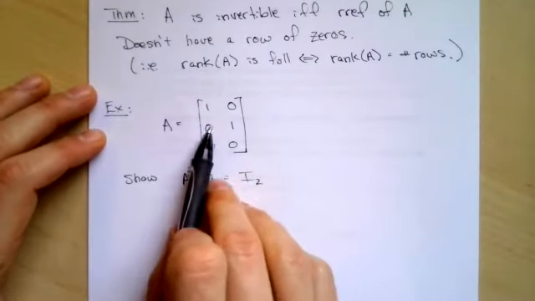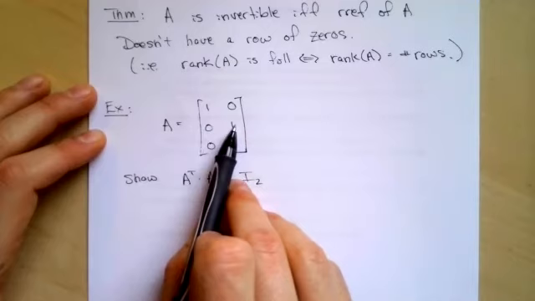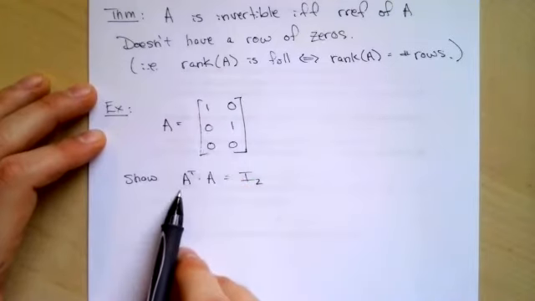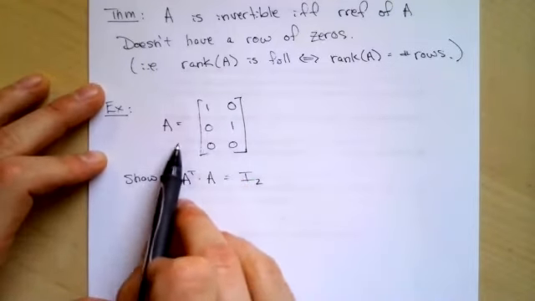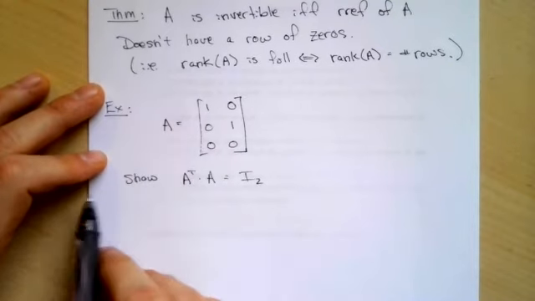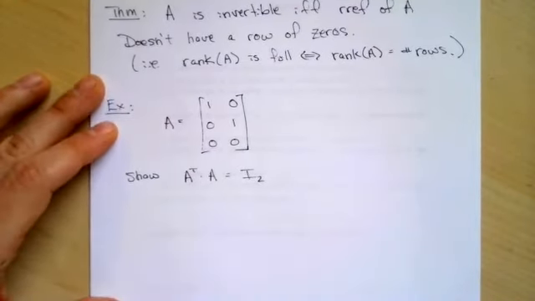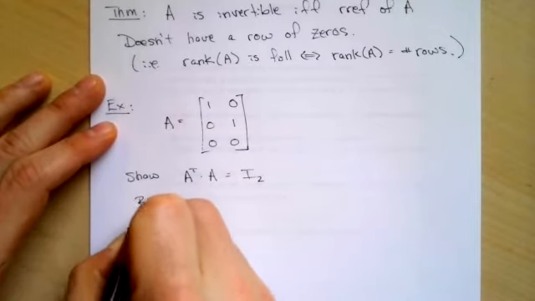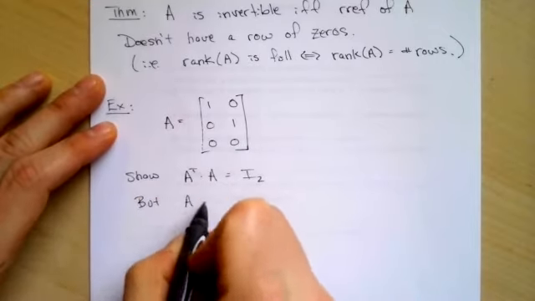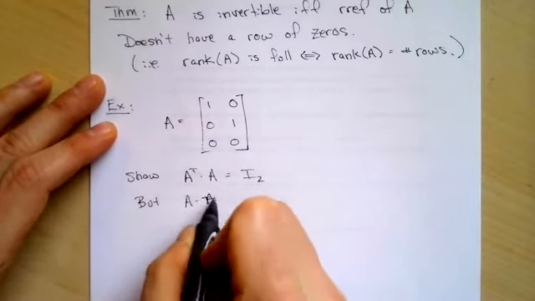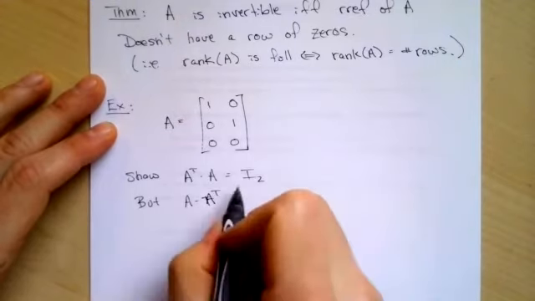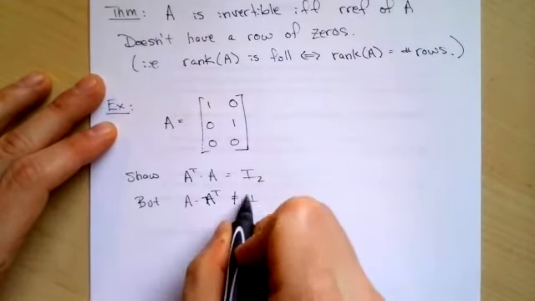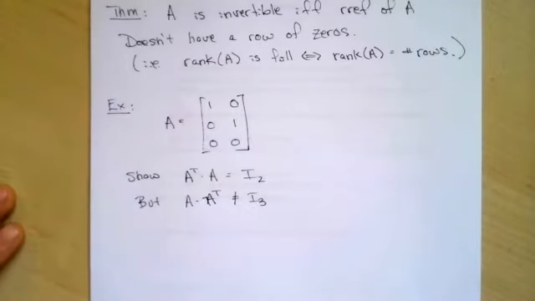Right now A is a 3 by 2, and A transpose is going to be a 2 by 3. So A transpose A gives us the identity, but when we flip them, A times A transpose doesn't give us a three-dimensional identity.